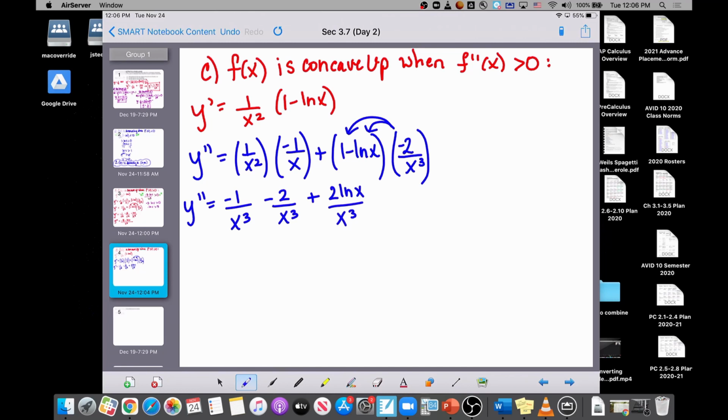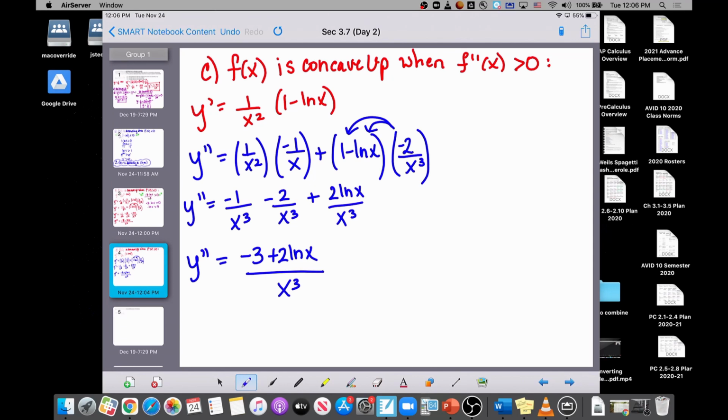And then negative 1 over x cubed minus 2 over x cubed, that's going to make negative 3 over x cubed, and I can combine everything over the same denominator. So my y prime prime is going to be negative 3 plus 2 ln x all over x cubed. So I have my second derivative.